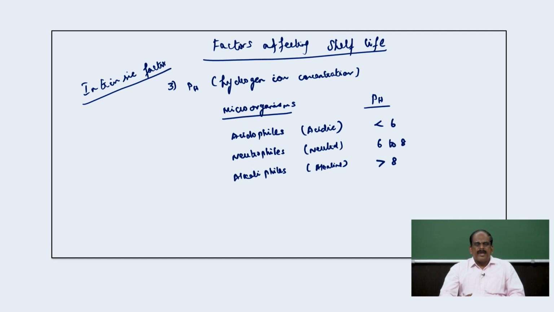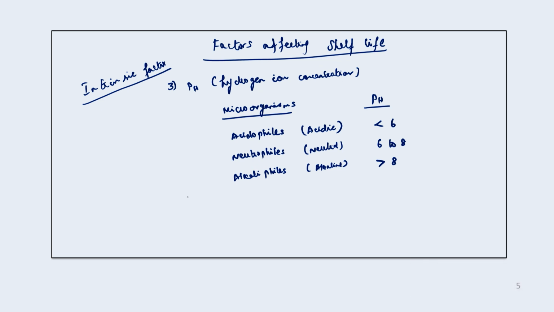If we compare the pH values of bacteria, mold or yeast, the pH of the mold and the yeast is more or less in the same range, whereas bacteria grow best when the pH is neutral or weak alkaline in nature.